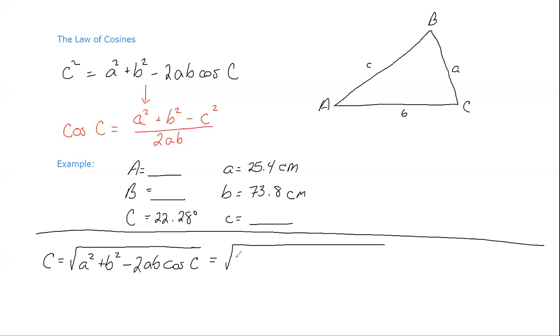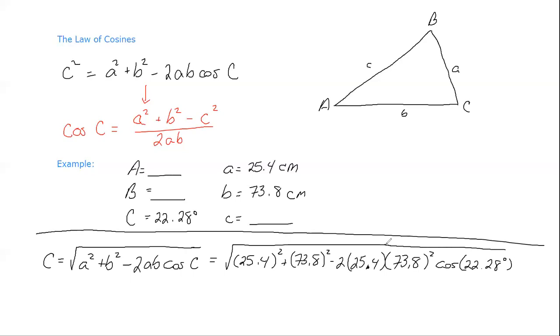So this will be 25.4 squared plus 73.8 squared minus 2 times those values, 25.4, 73.8, times the cosine of 22.28 degrees. So all of this I want under the square root sign, so I've got to extend it.